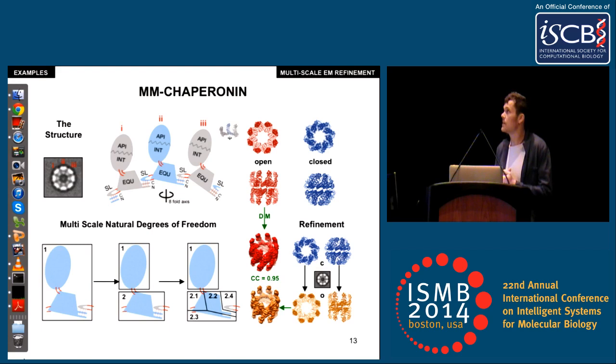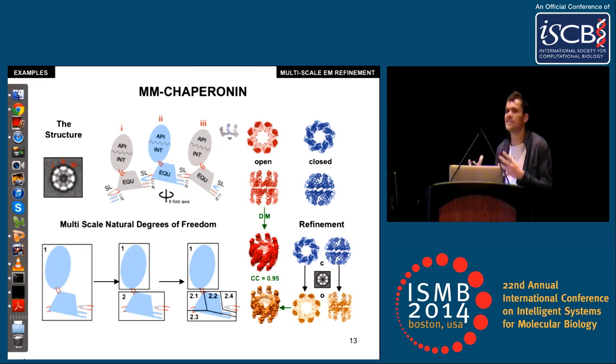well-studied system, bacterial chaperonins, and this particular molecular machine has 2 chambers, and they are basically folding proteins. The 2 chambers have 8 subunits each, and each subunit itself has 3 domains: an apical, an intermediate, and an equatorial domain.